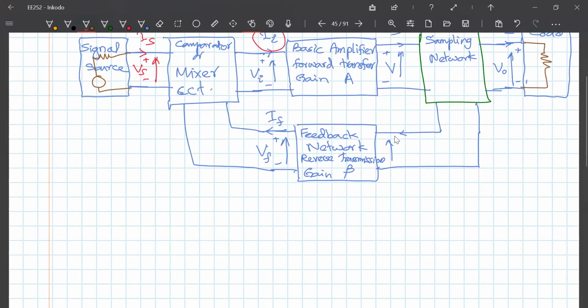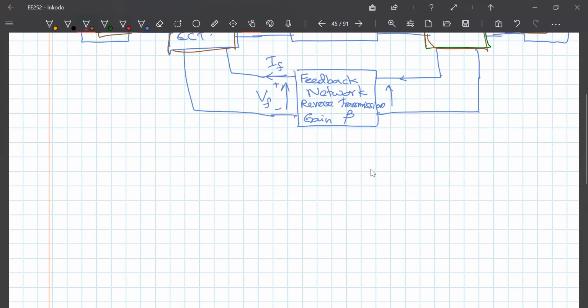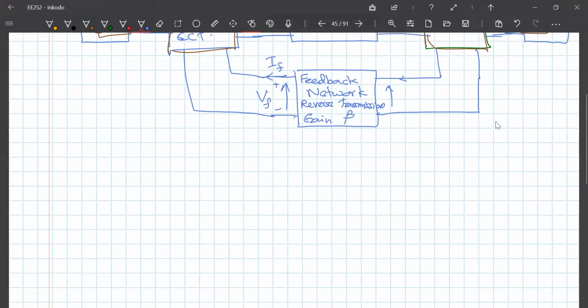So if you look at each of these circuits, what's inside this sampling circuit and what's inside this comparator? Then you will see that the sampling network, the first one over here, the sampling circuit.